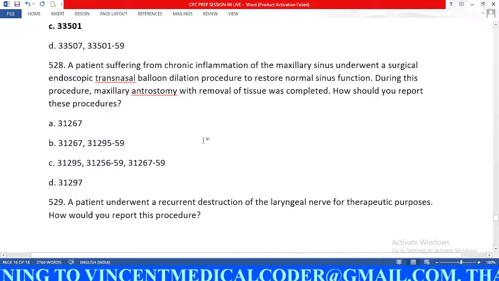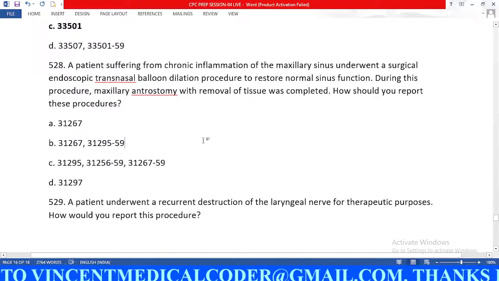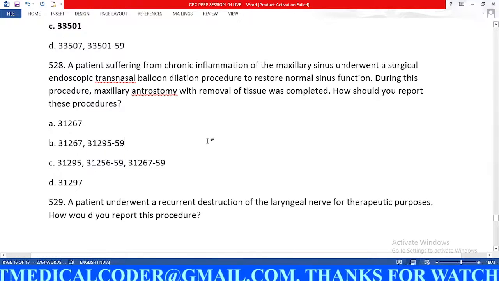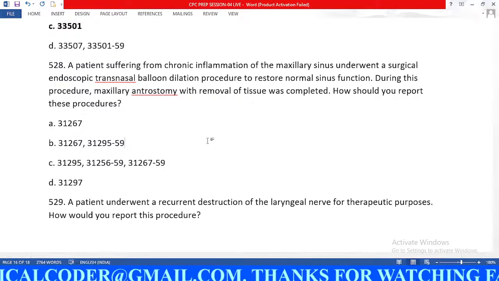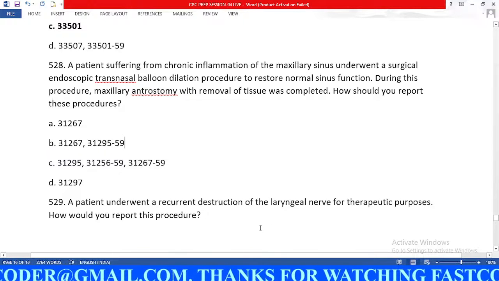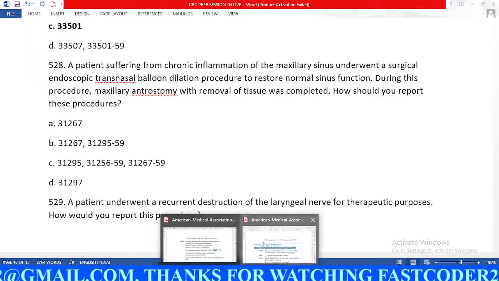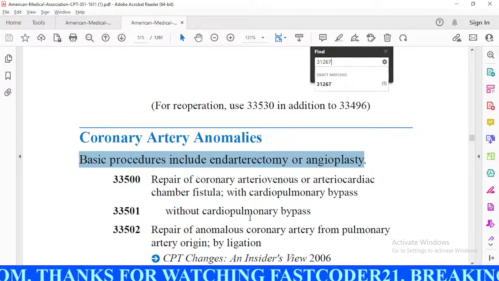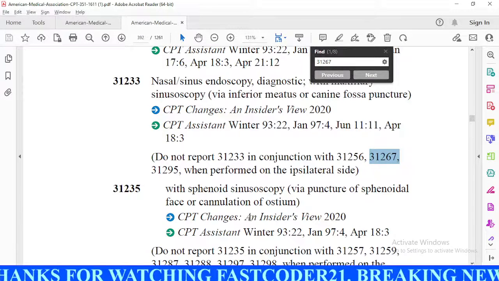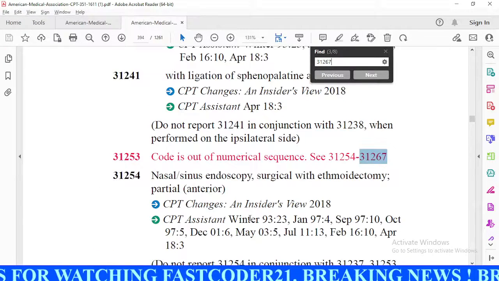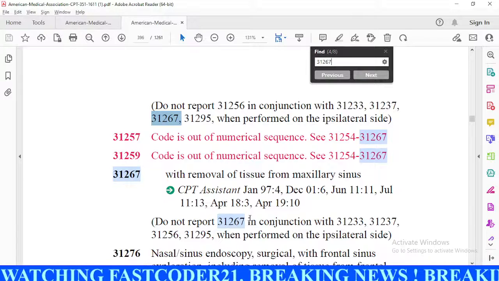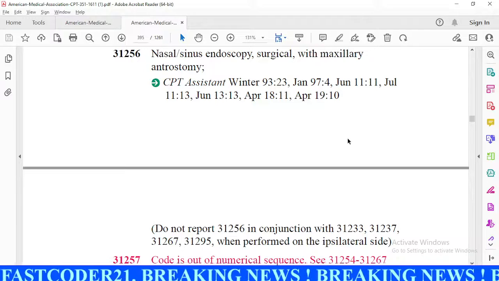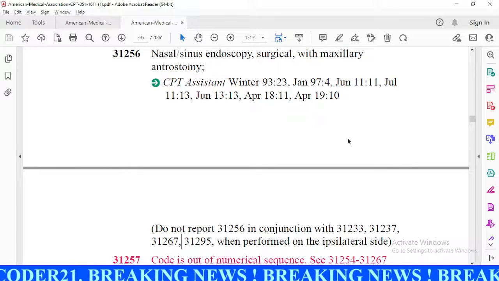Here we will check the answer. We will check 31267 first. What is this? Nasal sinus endoscopy surgical with maxillary antrostomy.